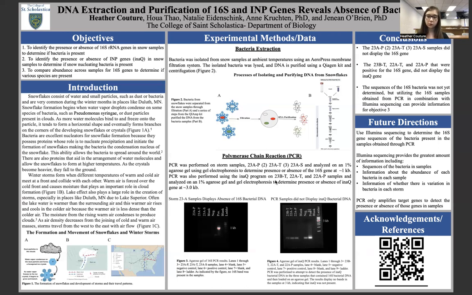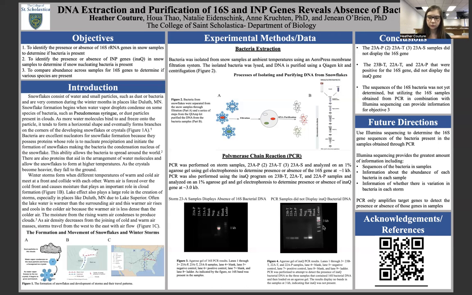We also loaded them onto a gel and ran gel electrophoresis, but this time the INAQ PCR cycles were implemented to look for the INAQ gene, which would be present around 3 kb.